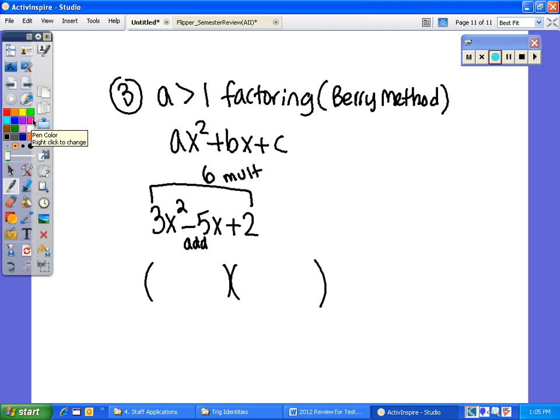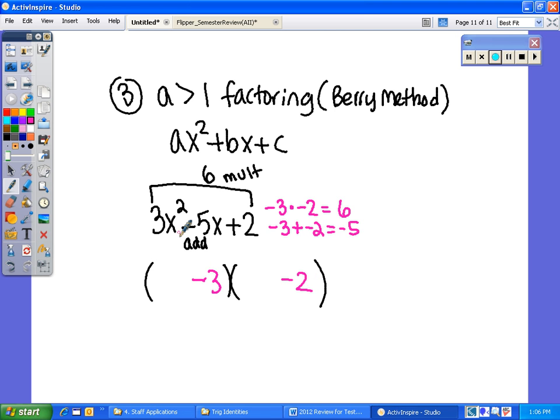So maybe I'll try 3 times 2 is 6. 3 plus 2 will be 5, but I need it to be negative 5. So I think I can do negative 3 times negative 2, which will give me 6. Negative 3 plus negative 2 does give me negative 5. That works. So those are my two factors.